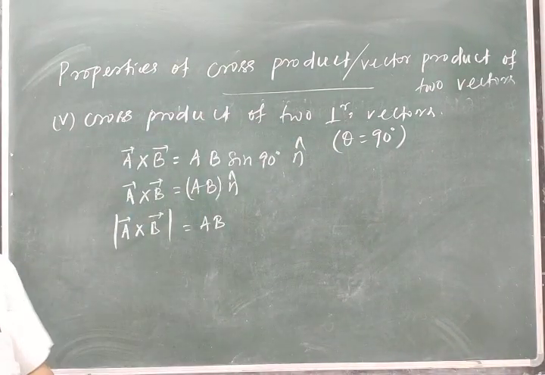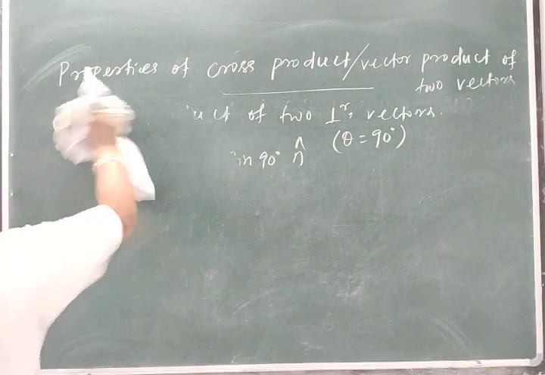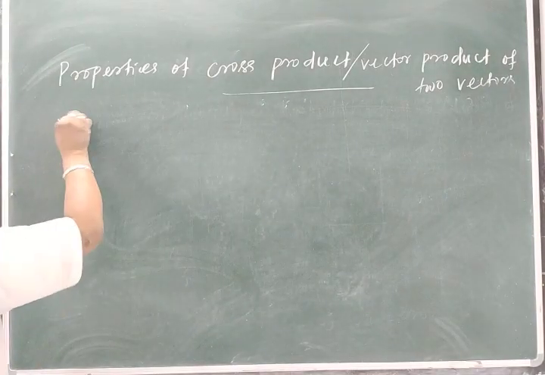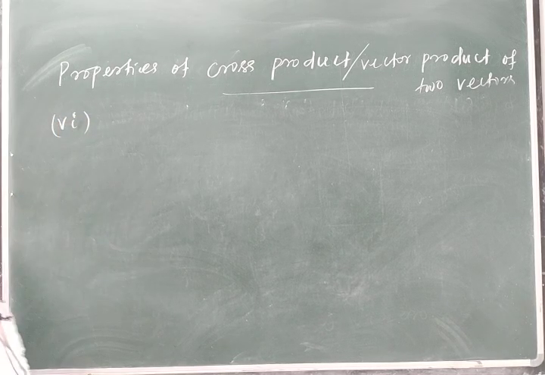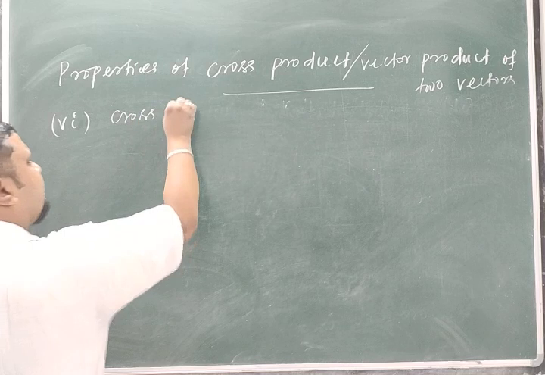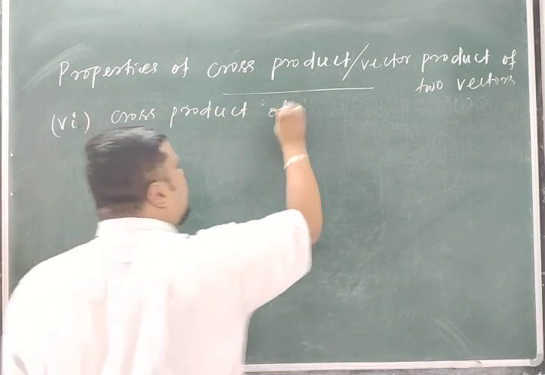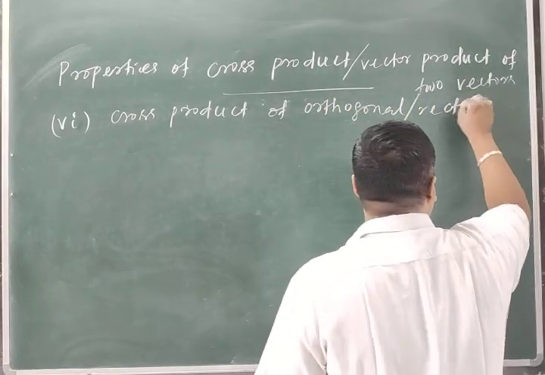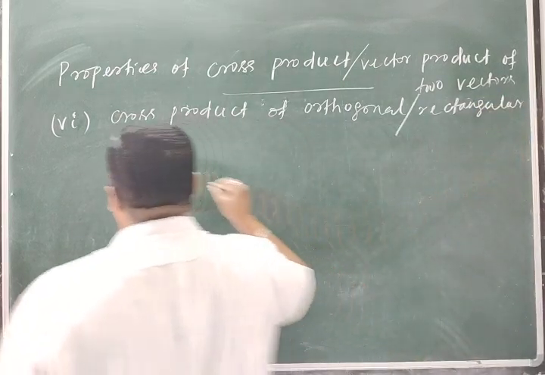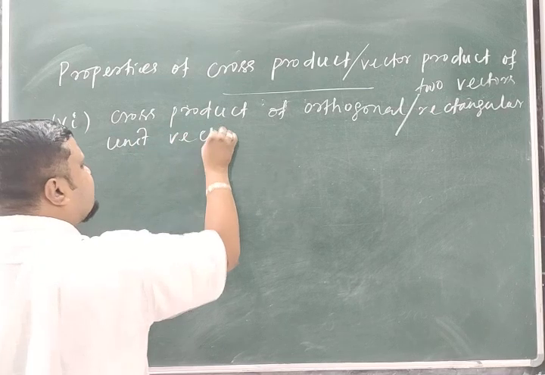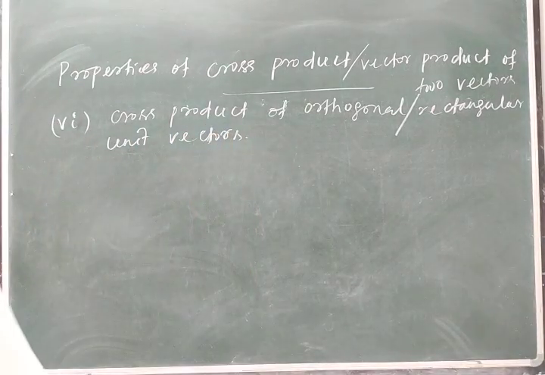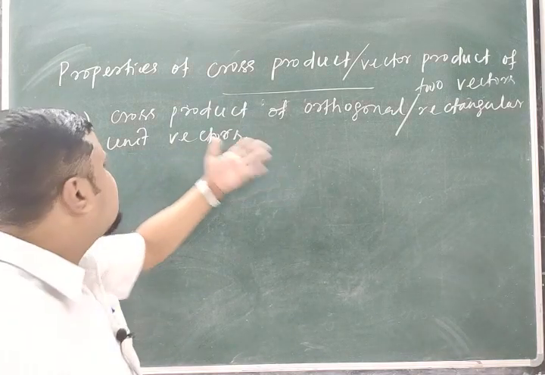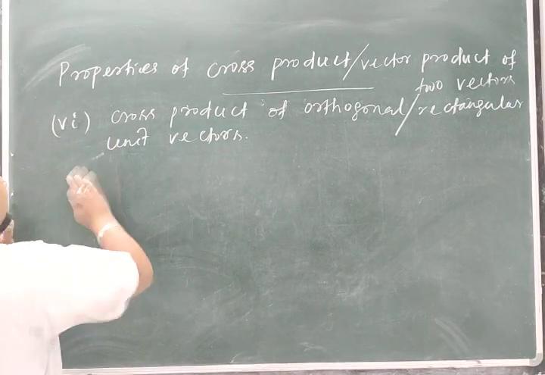These simply behave like vectors. So now let us go for the sixth one: the cross product of rectangular unit vectors, also called orthogonal unit vectors. As you know, i cap. So now I will show this one.